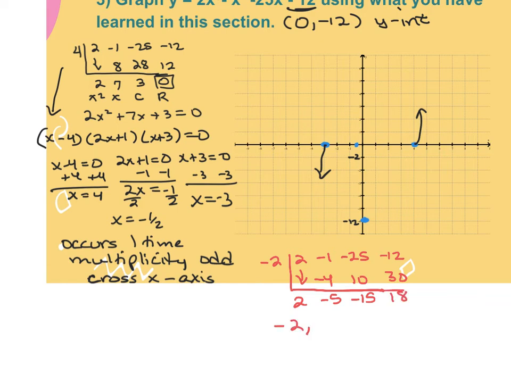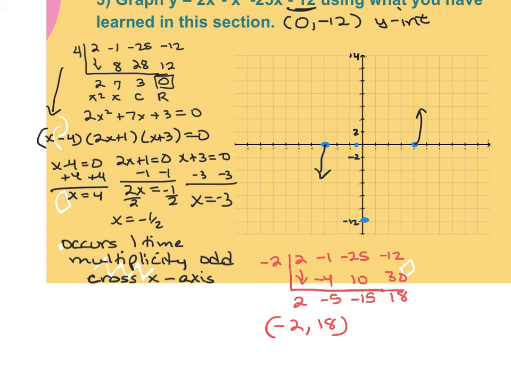So my additional point is going to be negative 2, positive 18. So let me go ahead and add that to the graph. So again, just like I did below the x-axis, I'm going to make my graph go by 2s here. So 2, 4, 6, 8, 10, 12, 14. The top up here is going to be 14.